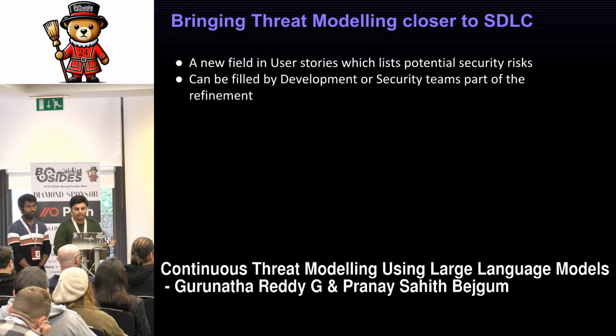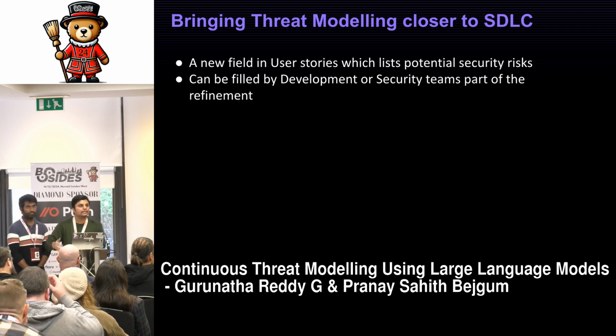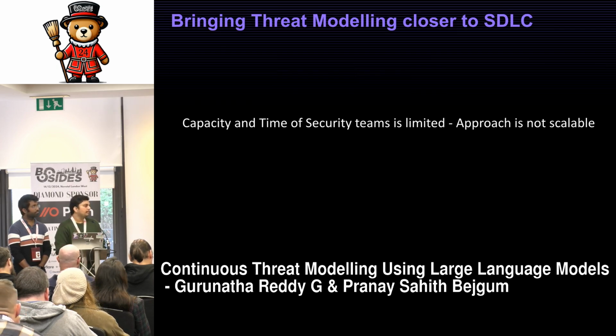So what we propose is a new field in the user story, which can capture the threat model specific to that particular user story. So instead of being at a high level, we drill down and look at the threat model on an individual user story basis. This way we provide a continuous feedback loop, but there's a problem with that.